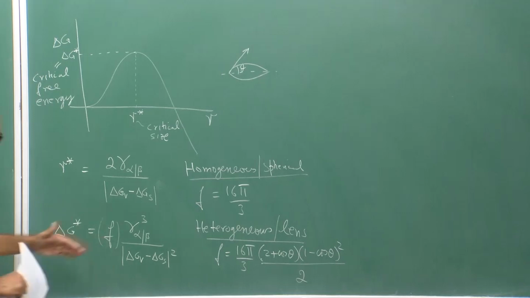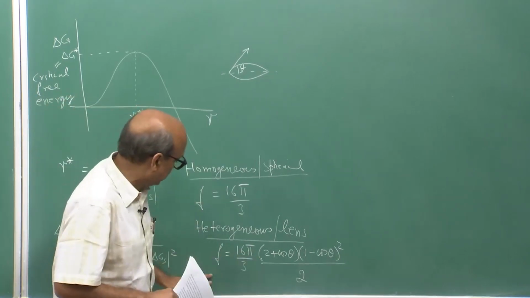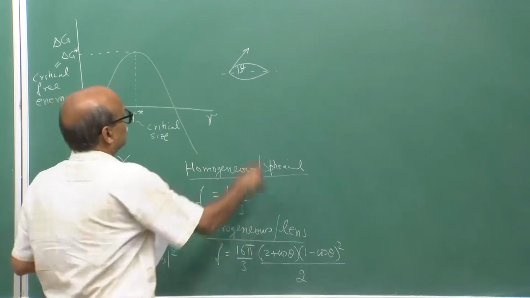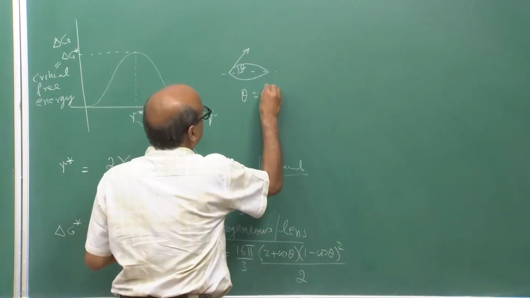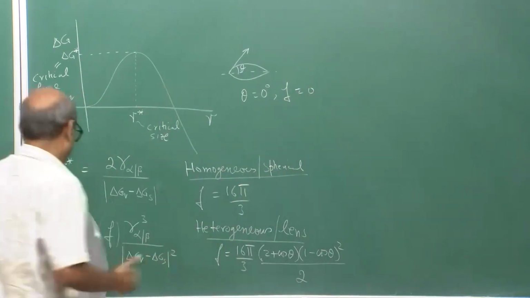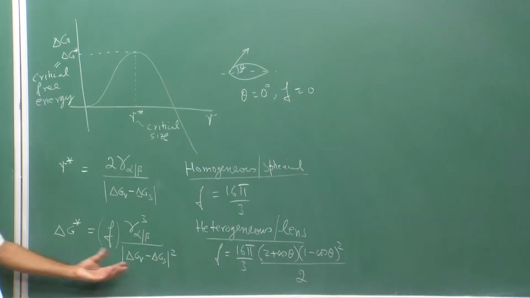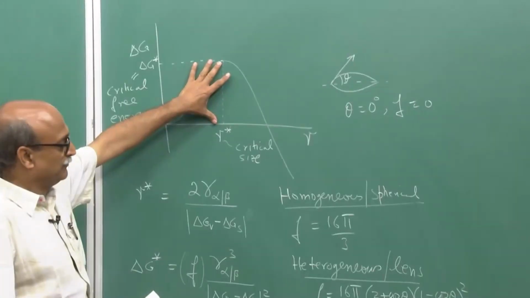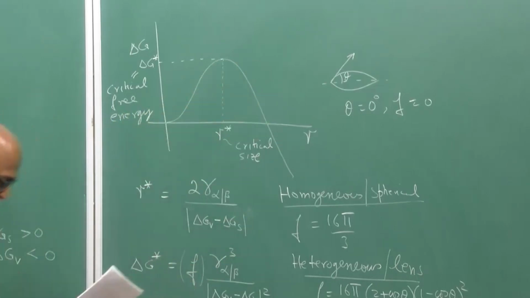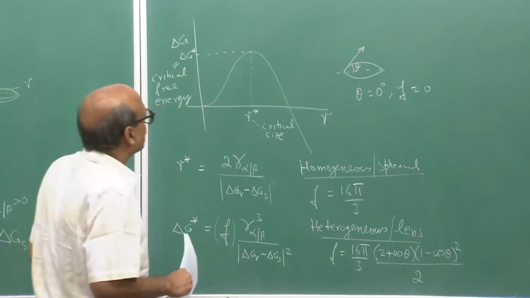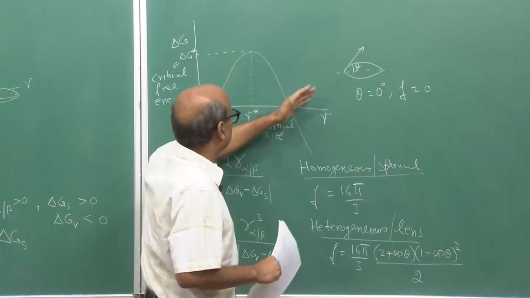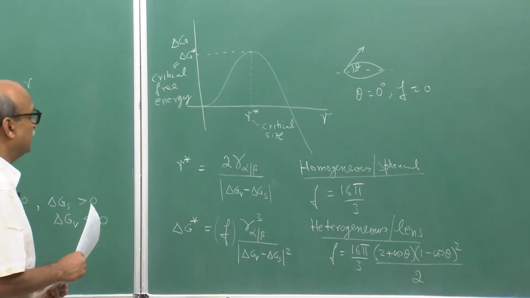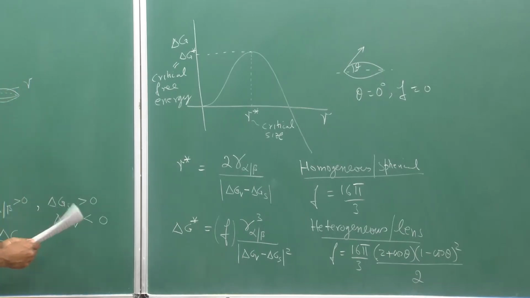If theta is 0 degrees and we substitute in this expression, F becomes 0, and what it simply means is delta G star goes to 0. So, there is no barrier to nucleation in such a situation, while for other values of theta there would be some barrier. However, that barrier would be less than in the case of homogeneous nucleation.